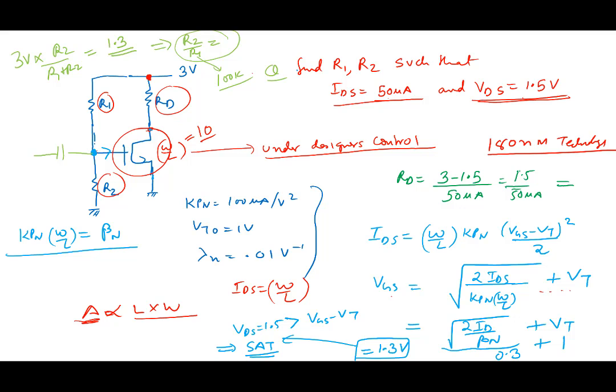By this means one can bias the circuit at a certain value of IDS and VDS. Except that there's a little bit of a problem. Let me go back to the MOSFET circuit that I've drawn.